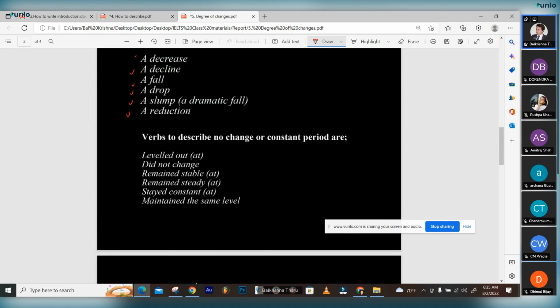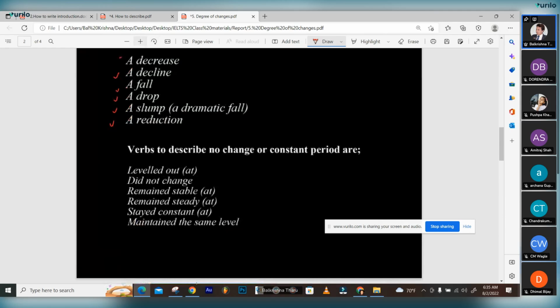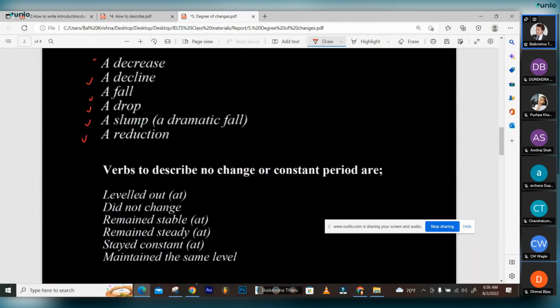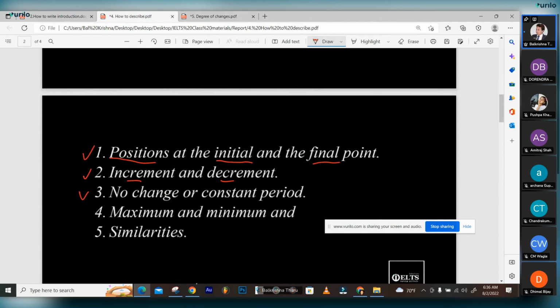Now, verbs to describe no change or a constant period. Do you remember this? Number 3.